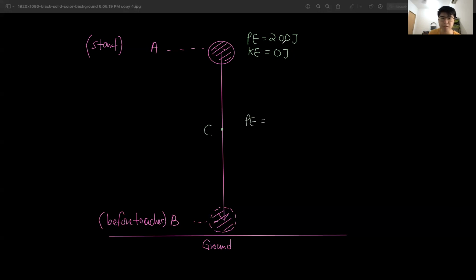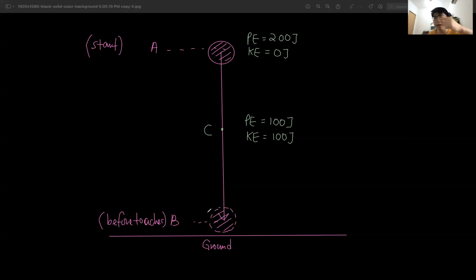The PE is half, so 100 joule, the KE is also half, 50-50. Because at point C, it already started moving, so it has kinetic energy, and also it is at a certain height from the ground. What is the height? Half of it. So still there is potential energy, half already. Right, so 100 and 100.